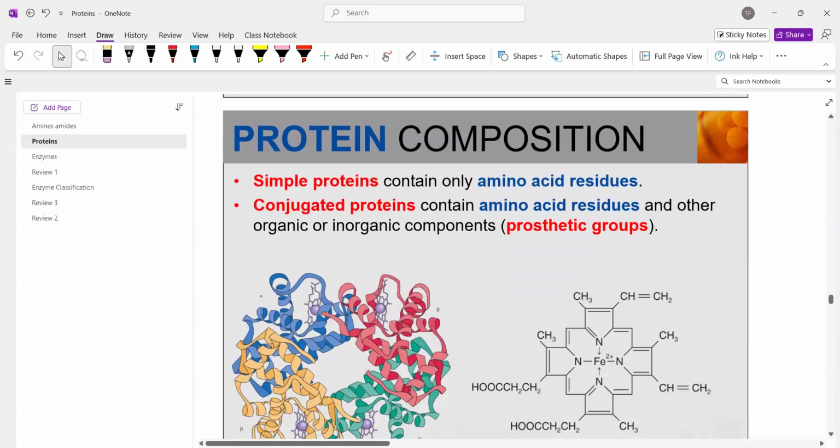We have various levels of organization of proteins. We can have just a plain old protein, and all it's got is amino acid sequences or residues. Conjugated proteins have amino acid residues and something else. They call that a prosthetic group. For example, hemoglobin, functioning around iron.